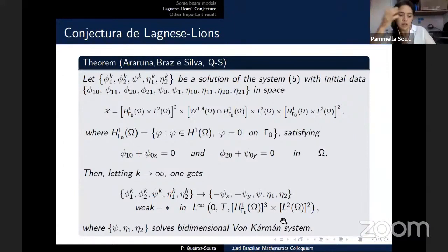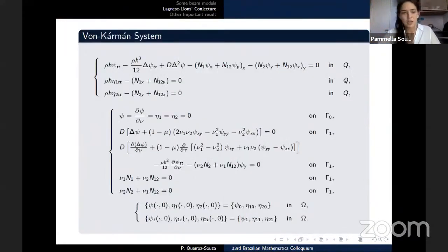And here, psi, eta 1 and eta 2 solve the bidimensional von Karman system. Here we have the bidimensional von Karman system with these boundary conditions and initial data. Okay.